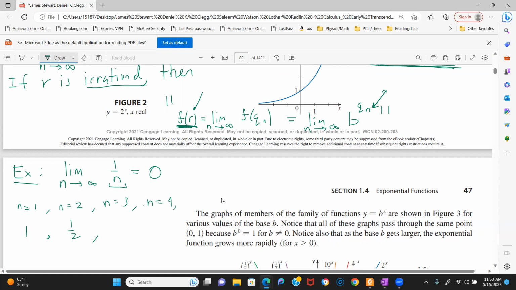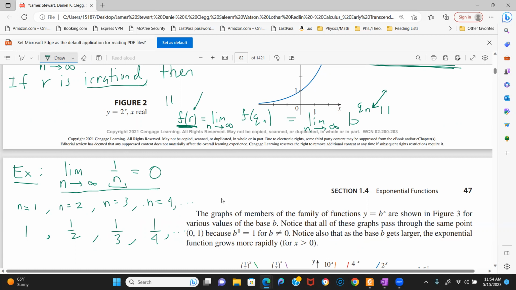When n is equal to 3, you have 1 over 3. When n is equal to 4, you have 1 over 4, and then dots. You can see the denominators are getting bigger and bigger, so you have 1 over a big number, and these numbers are getting smaller and smaller and smaller. And they're in fact approaching 0.